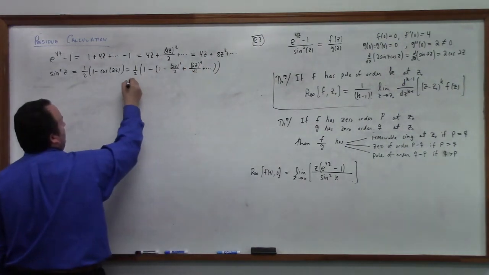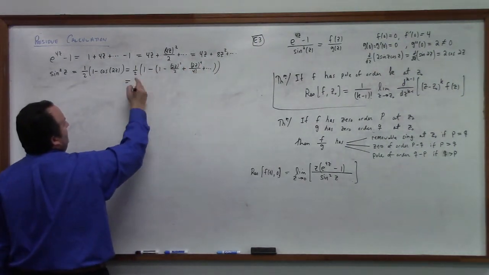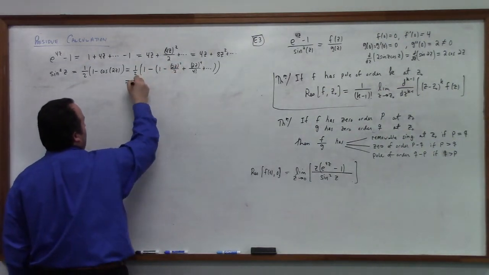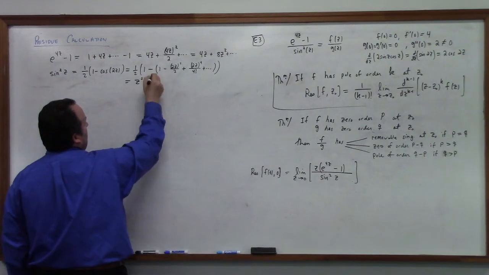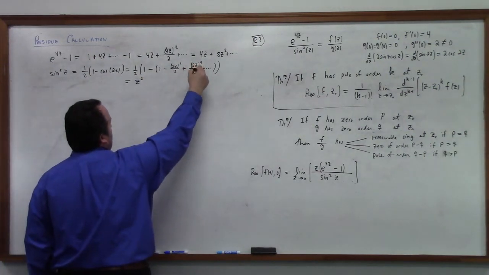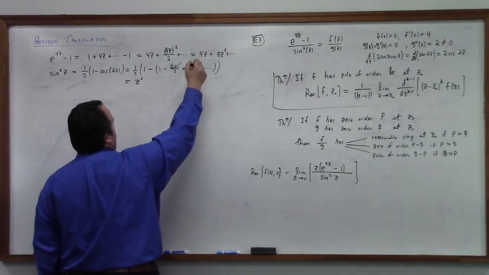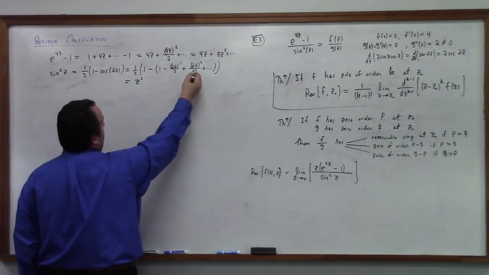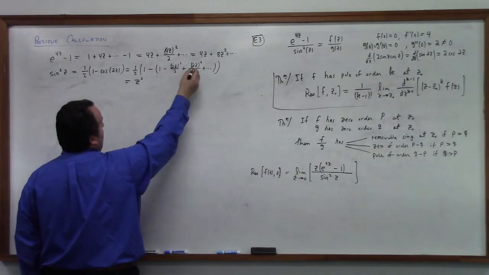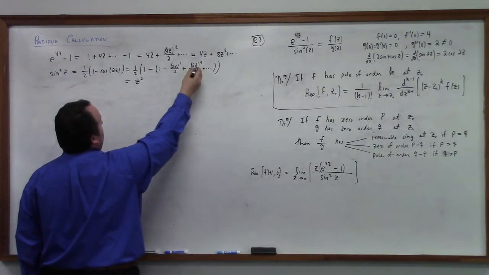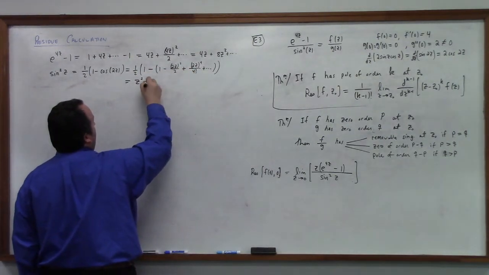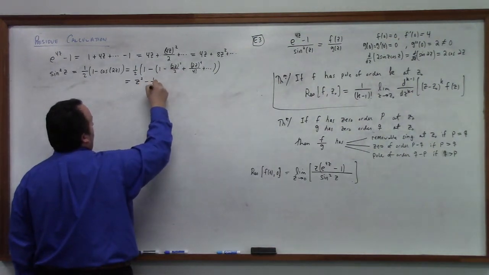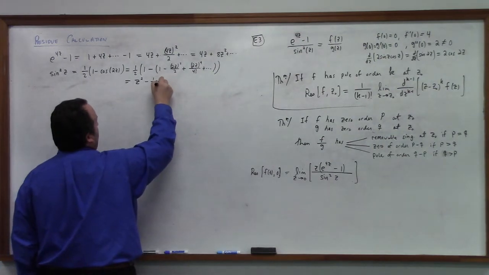You notice the 1's cancel, and we're left with 4 over 2, which is 2 over 2, which is just z squared. I got a z squared as my leading term. And then this gives me 16 over 4 factorial, that's 24 times 2 is 48, 16 over 48 is 1/3. So minus 1/3 z to the power 4.